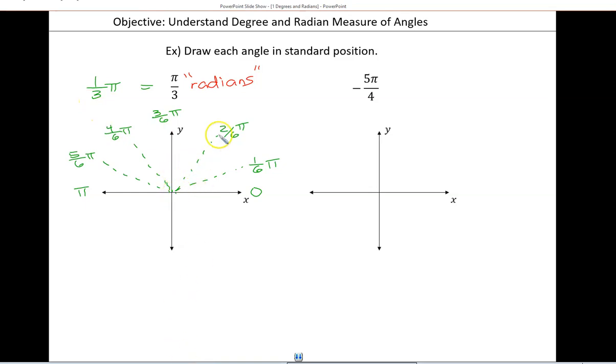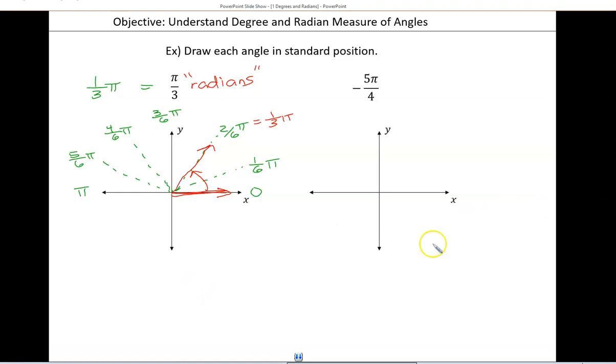It's equivalent to 2/6. So that means here's my terminal side. My initial side, of course, is still on that positive x-axis, always. And I'm measuring in the positive direction. So from my initial side, I arc up to my terminal side.